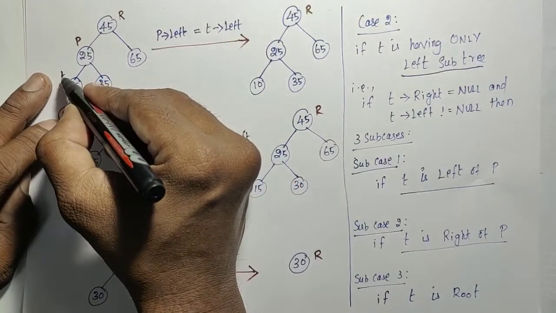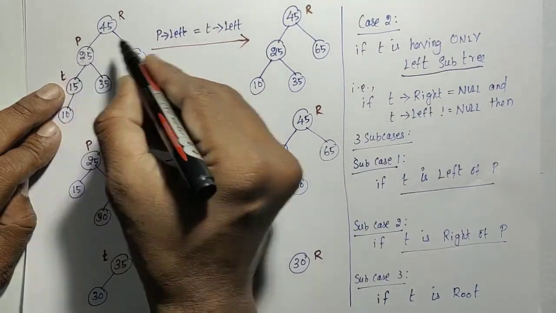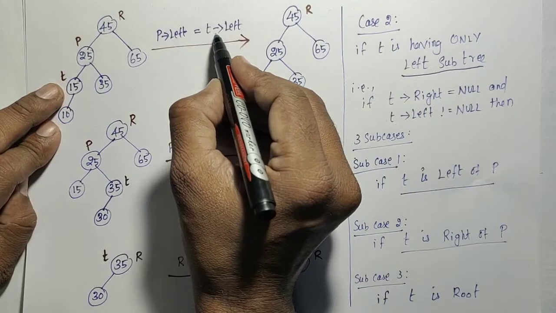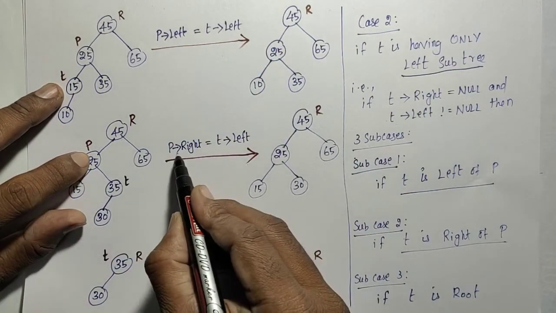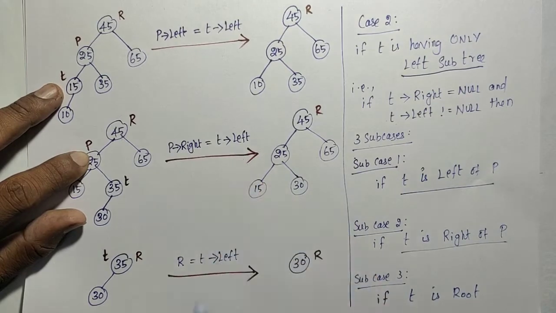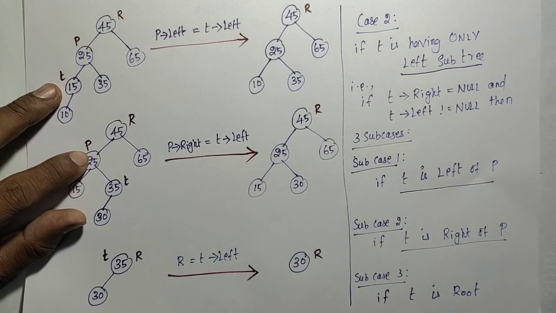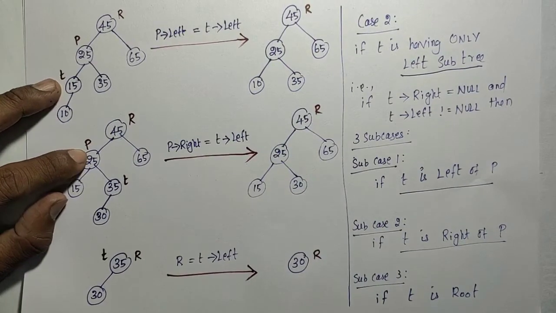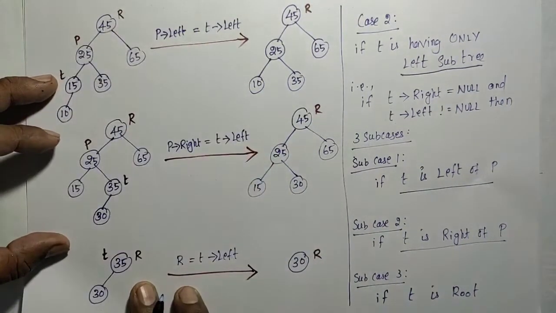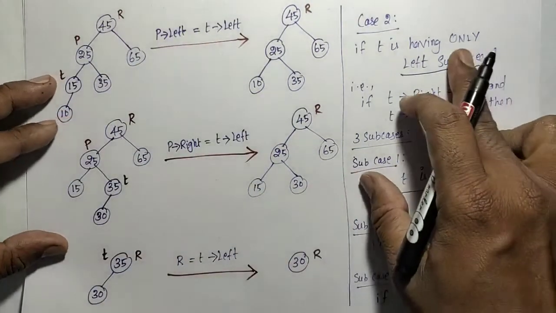If t is the left of the p, p of left has to be updated with t of left. If t is the right of the p, p of right has to be updated with t of left. If t itself is a root, there is no parent, so root itself has to be updated with t of left. So that is the 3 subcases in case 2.